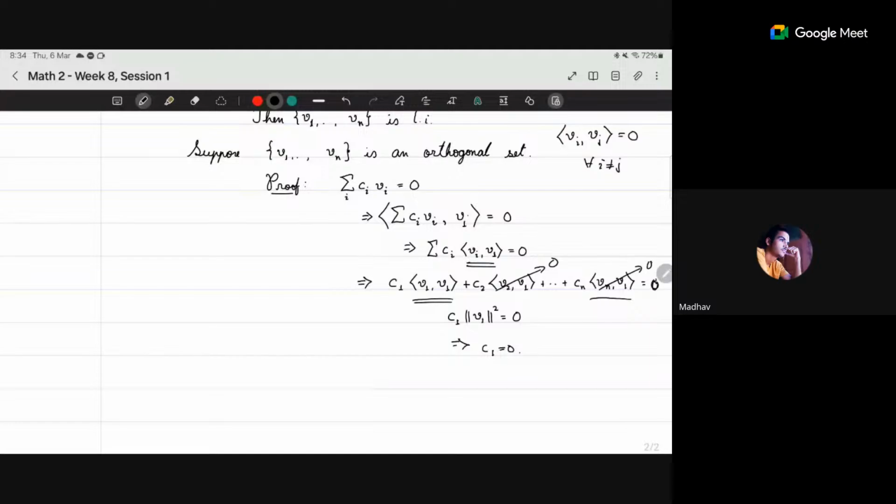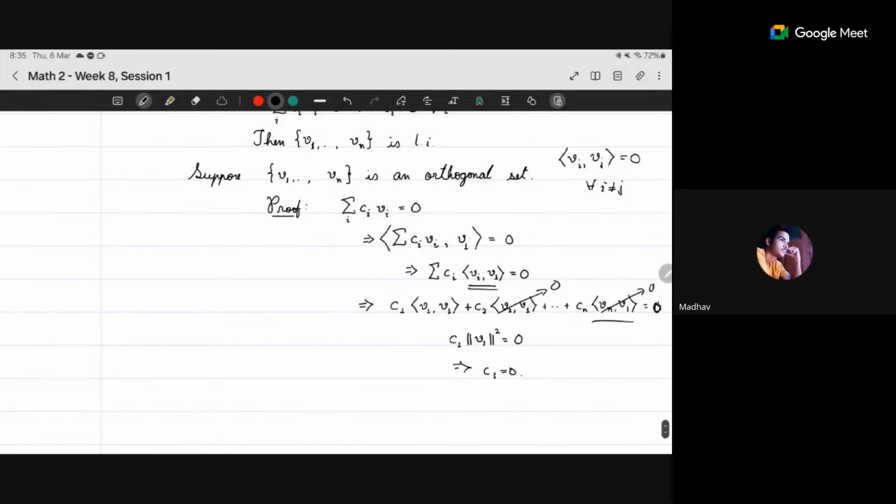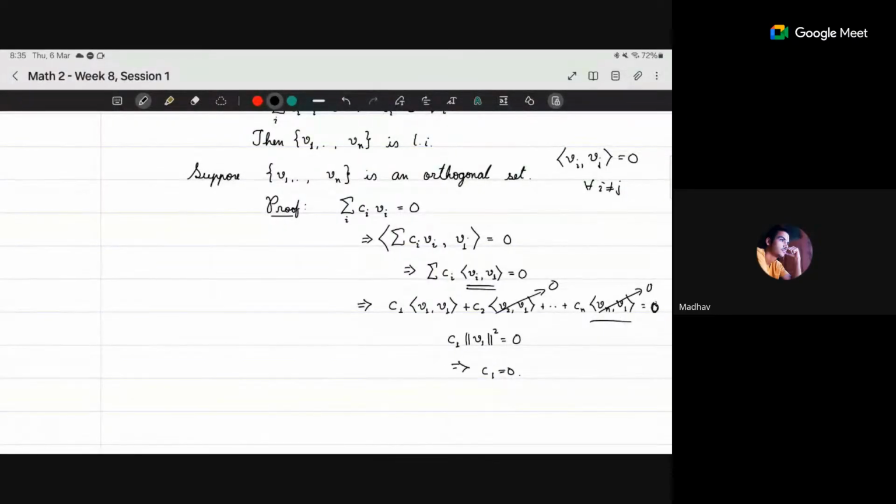The second term has inner product of V2 with V1. The third term has V3 with V1, and so on up to the last term, which has the inner product of Vn with V1. But only V1 with V1 survives because everything else is an inner product of distinct elements of this orthogonal set. So each of them is actually 0.